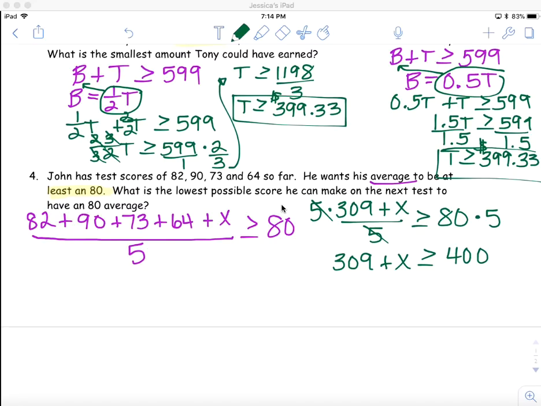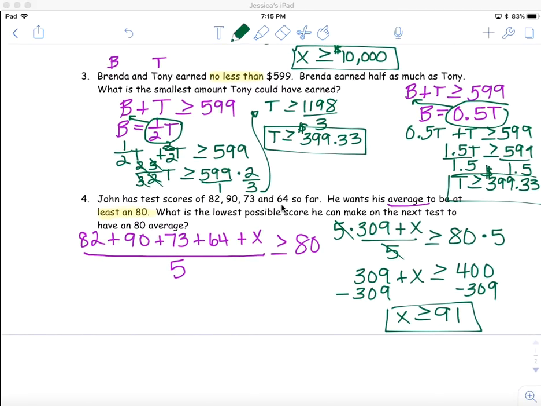Now to get X by itself, all I have left to do is to subtract 309 over. And what we just found is that John needs to get a 91 or higher, at least a 91, to maintain a B average.